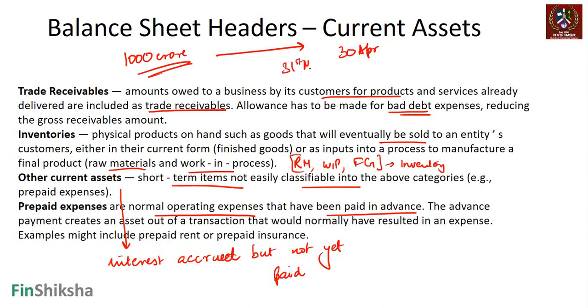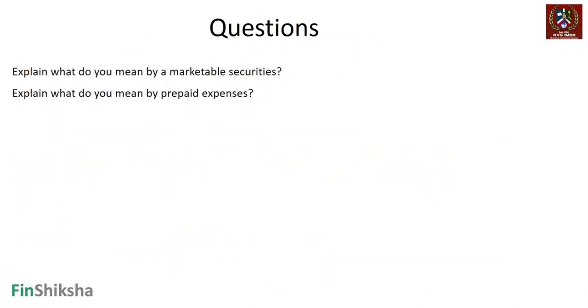On 31st March, I might have about 5 crore of unpaid interest. It will show in the account, but it has not yet been paid. That's an asset because it'll come back to me in the short term, right? That is what is called another current asset. Anything that can't be classified into cash, marketable securities, trade receivables or inventories, but is going to generate cash for the company in the near future, is a current asset, right? So that's your definition of current assets.